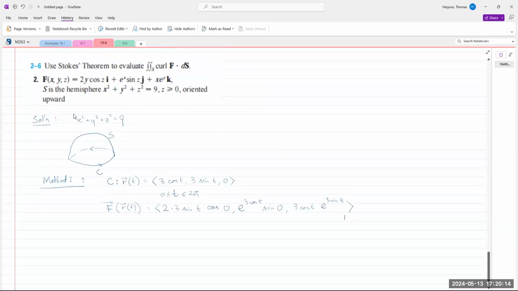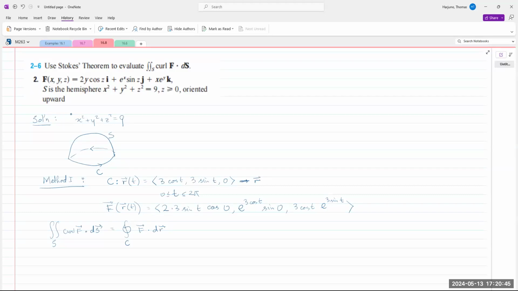Okay, now then, if you want to compute that double integral over surface S of the curl of F dot dS, that is the same as integrating over closed curve C of F dot dr. Let's see, what is our dr?